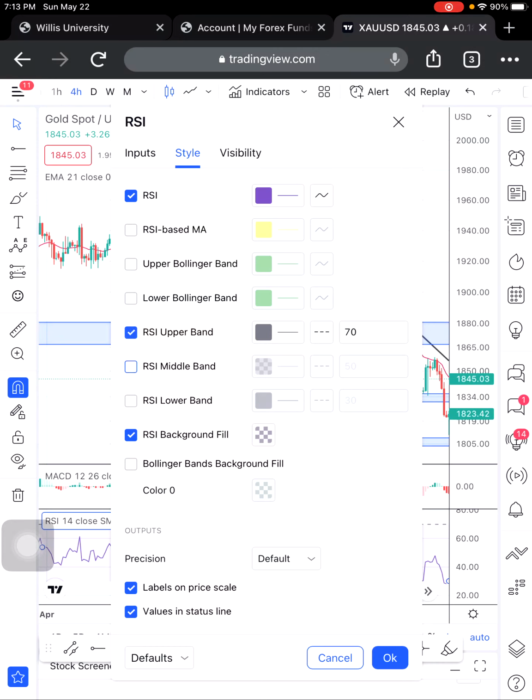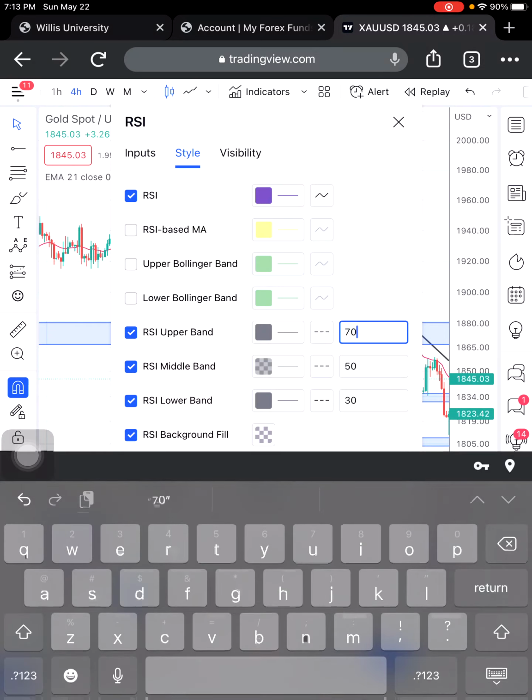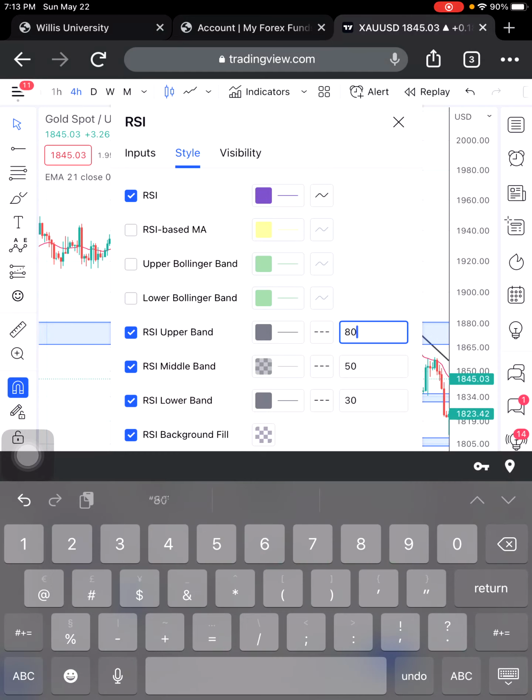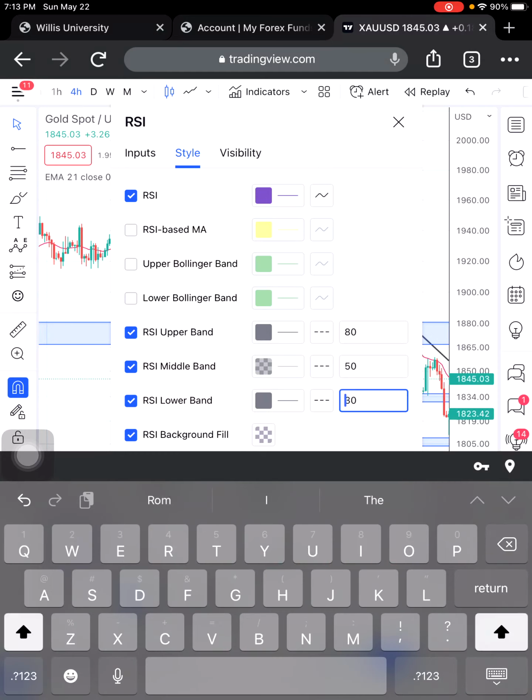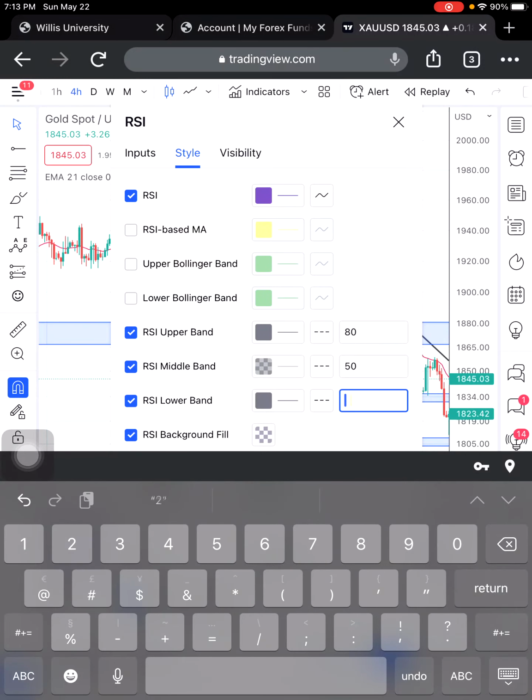Now you activate this place, and the middle line is the 50. Now from this 70, I will change it to 80, and this 30 I'll change it to 20. Now, the RSI is set.